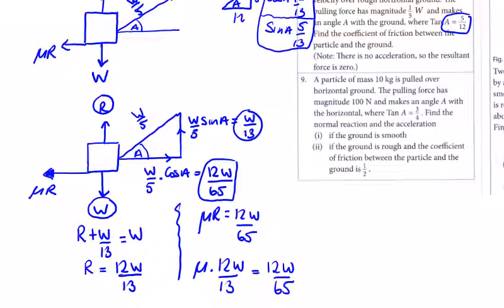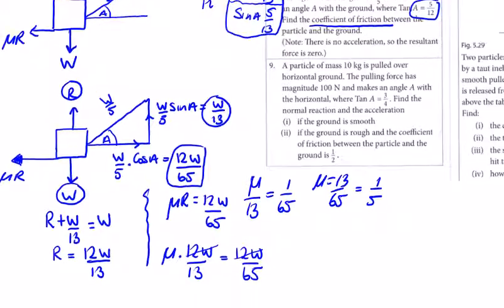So dividing across by 12W first, I'm going to get mu/13 is equal to 1/65. So 65 mu is equal to 13. So mu is equal to 13/65, which works out evenly to be a fifth. And that's what we were asked to find here, the coefficient of friction.